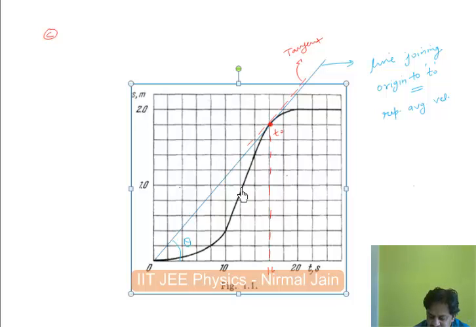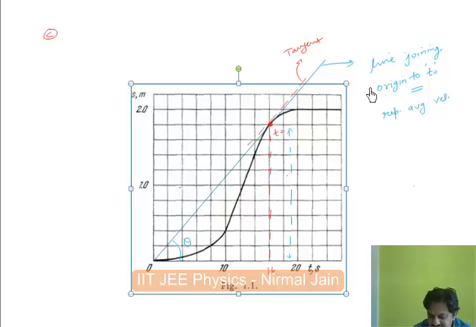How will it represent average velocity? If we take this height as the displacement, and this 16 seconds as the time duration, this will give me the average velocity during these 16 seconds, and 16 seconds is the time at which the slope of this blue line equals the slope of this tangent.